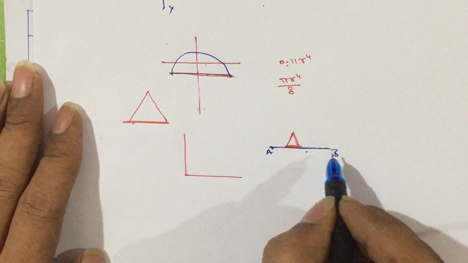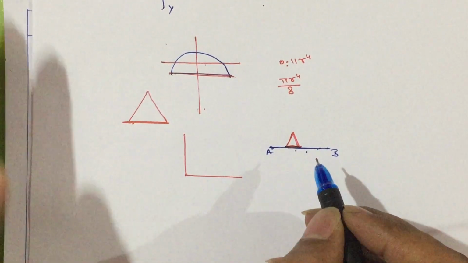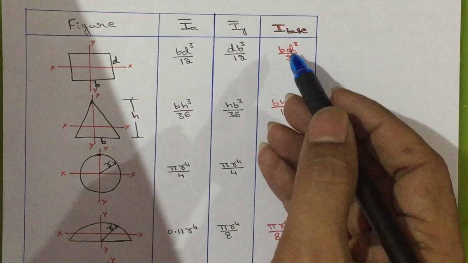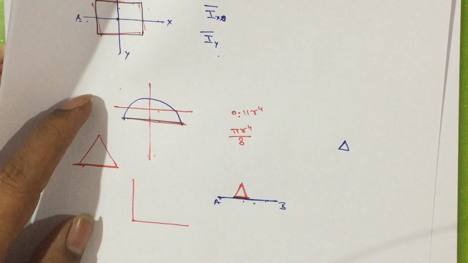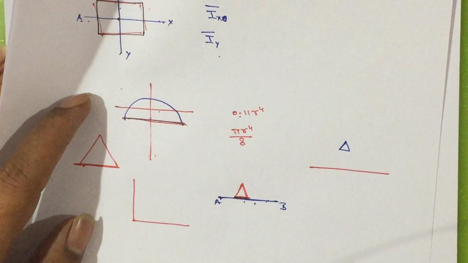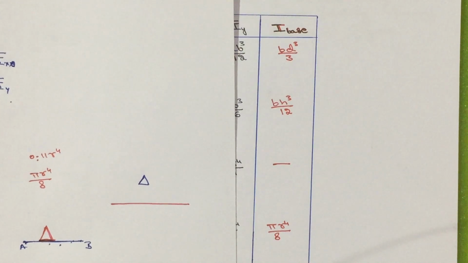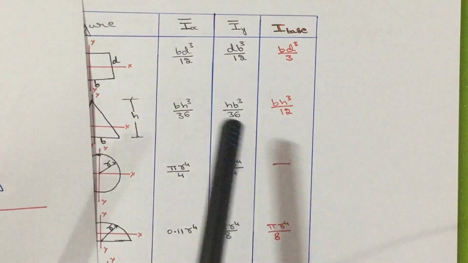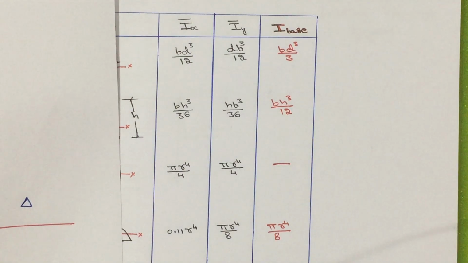Suppose the given base is AB, and upon the given base AB, the base of the triangle is there, then only this formula is valid. If the triangle is somewhere and the given base is somewhere, then we can't apply this formula directly. Then you need to make use of these I x bar and I y bar formulas.